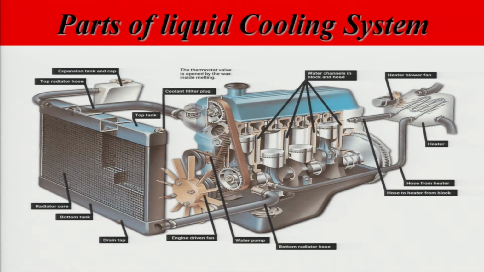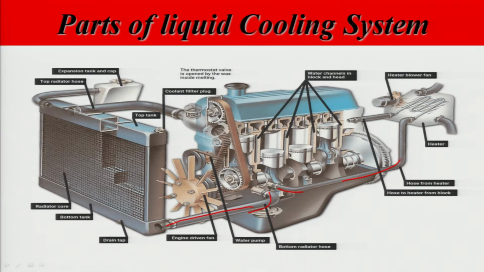You can see this part is the hose from the heater, this is the hose pipe. This is the bottom radiator hose pipe, this part is the fan, these are the blades of the fan, and you can see here this is taking energy from the engine itself to drive this fan.